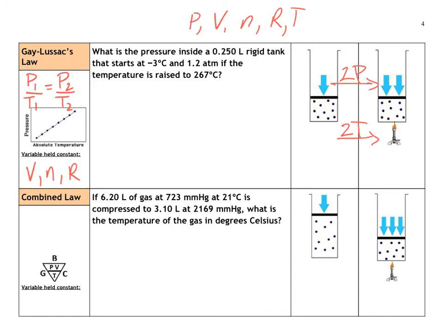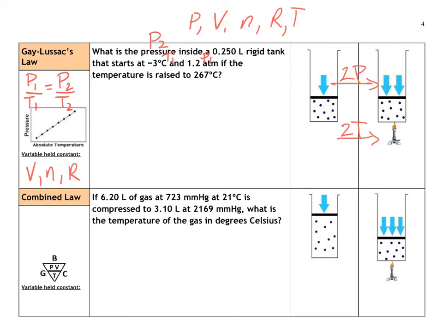So let's go ahead and now calculate it mathematically. It says right here, what is the pressure? So I'm thinking it's looking for P2. Inside a rigid tank, rigid tank means that the volume isn't changing, so you're not seeing that to be an essential part of any changes. And it says it starts at, which means this is our T1 and this is our P1.